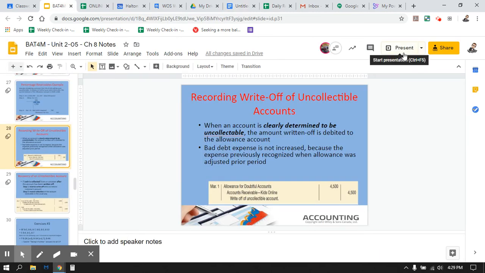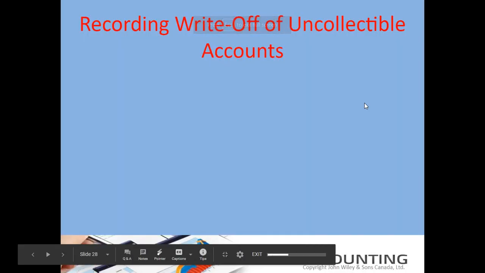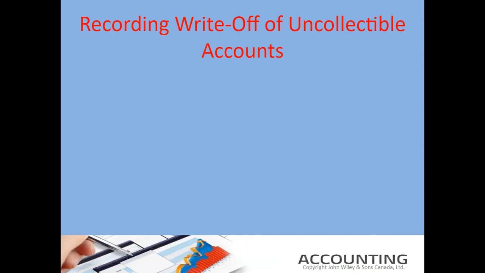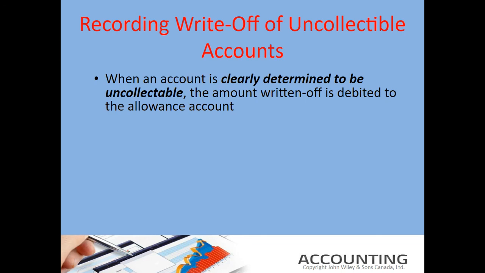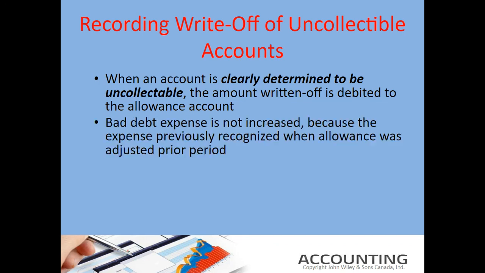Now, going forward, how do we use this? So what we've essentially done is created a pool called the AFDA of money that I don't expect to collect. Remember that I don't know exactly who's going to be in that pool. I just know that that's the pool based on experience that I don't expect to collect. In the next period, when it comes time to determine that I actually can't collect my account, rather than using bad debt expense because it might violate matching and because I already recorded my bad debt expense, I simply take it out of the allowance for doubtful accounts.